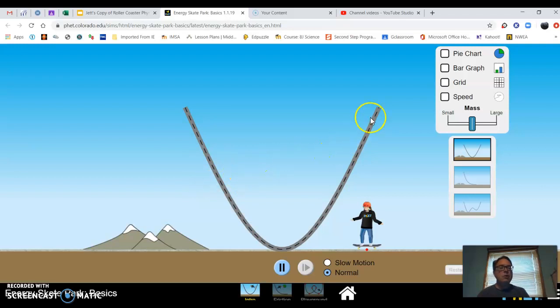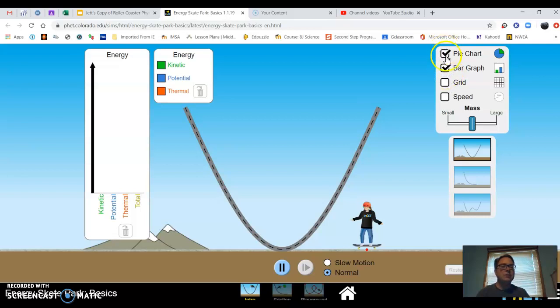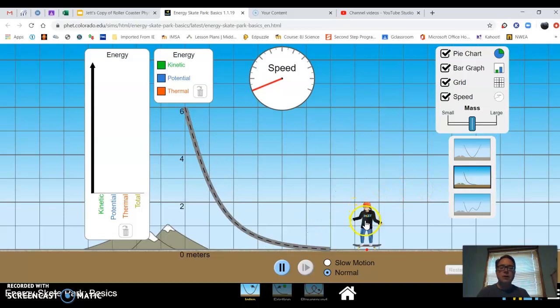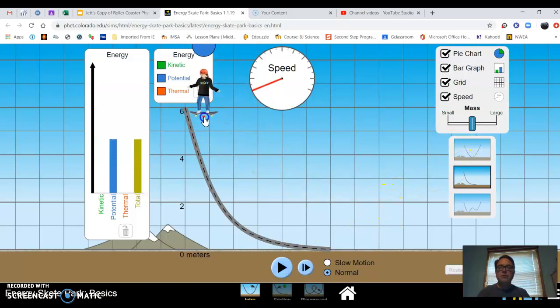Here we go. When you get here, again, remember, you're going to select all 4 of these boxes: the pie chart, the bar graph, the grid, and the speed. We're going to use these all today. And then we're going to click on the L ramp here instead of the U ramp. I'm going to pause and put our skater right there at the top.